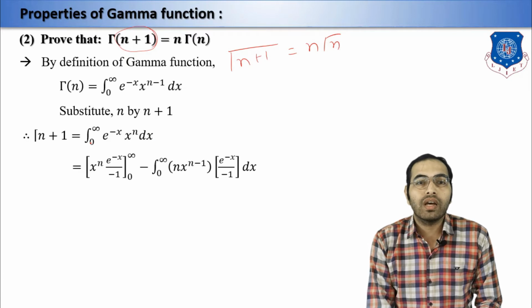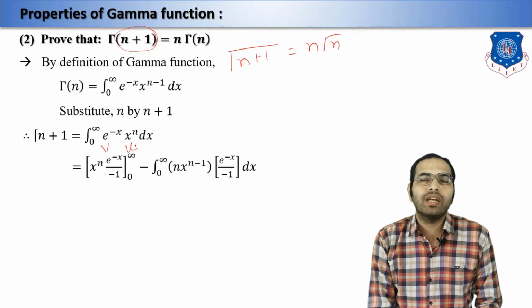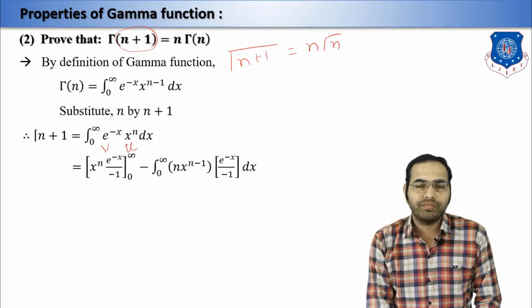Then here according to integration by parts, x raised to n is our u term, and e raised to minus x is our v term. Then product rule of integral: u as it is integral of v, minus derivative of u, integral of v, and total integral, that is the formula of integration by parts method.